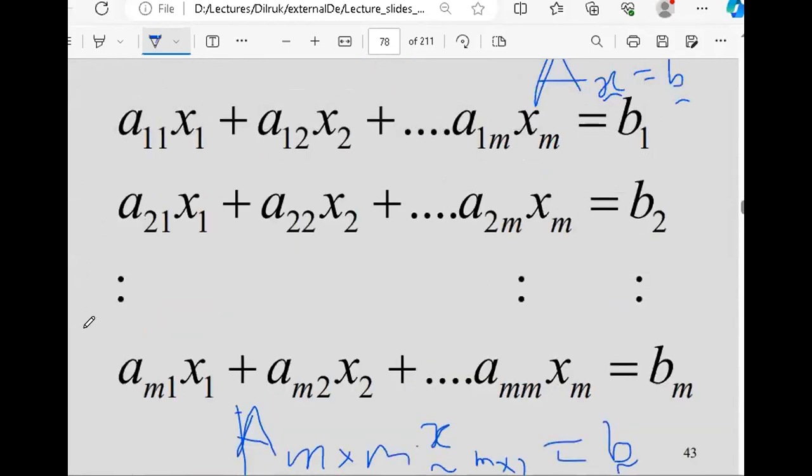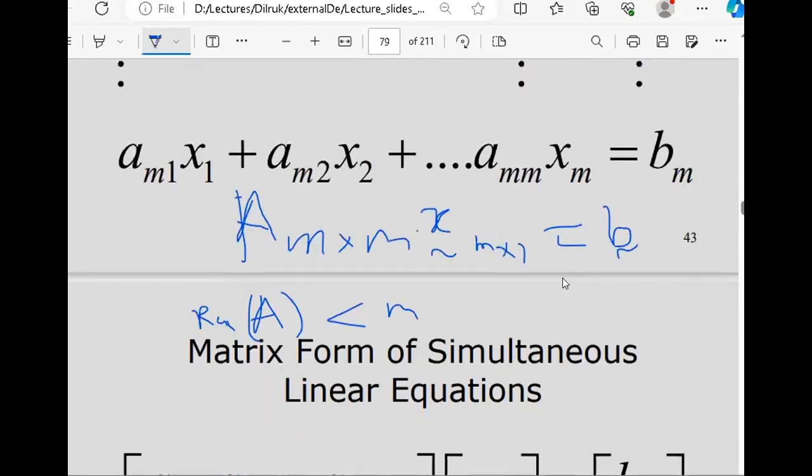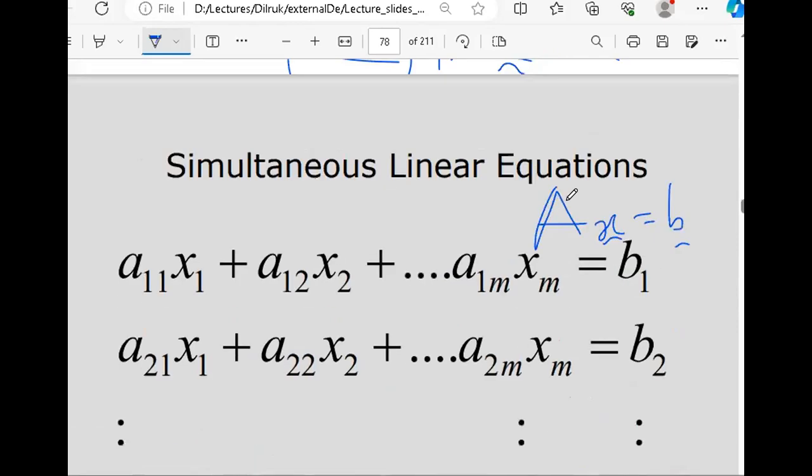Then the system does not necessarily have a unique solution: it is either infinitely many solutions or no solutions. You have to check the consistency of the equations.